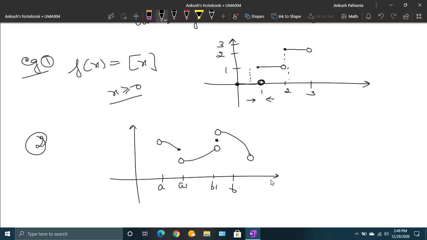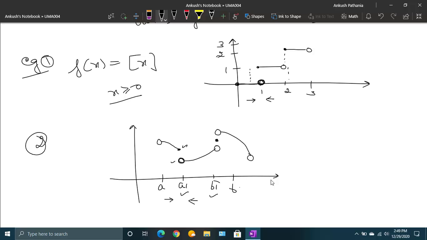Clearly you can see this function is a piecewise continuous function. You can see jump discontinuities at A1 and B1. From the left hand side, if you approach, you will get some value, and from the right hand side, if you approach, you will get some other value. Although limits exist from left and right, the values are different.